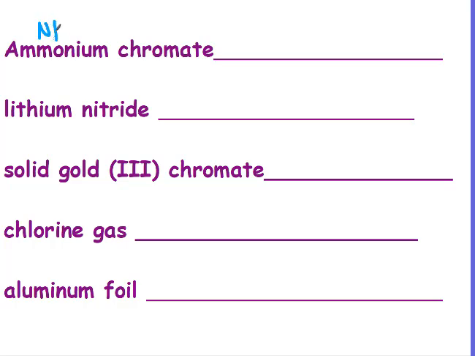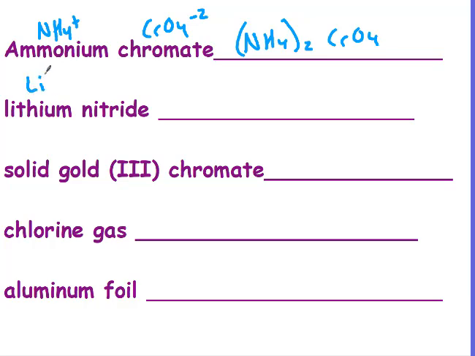So ammonium was NH4 +1, chromate CrO4 -2. So canceling out, I get that I need 2 ammoniums for 1 chromate. Lithium is a +1. Nitride is an element. Nitrogen has a -3 charge. So I need 3 lithium to cancel out a nitrogen. For this next one, the solid isn't mattering.